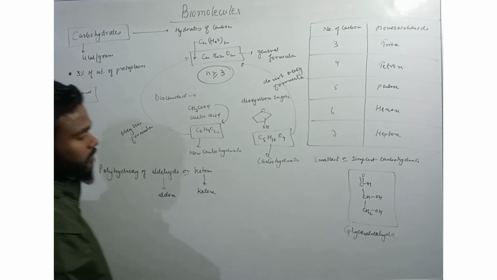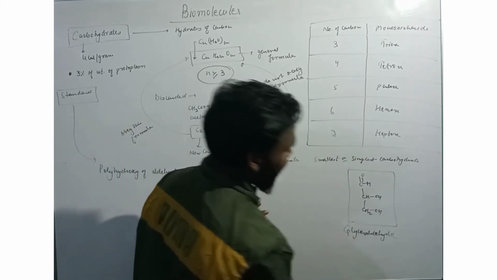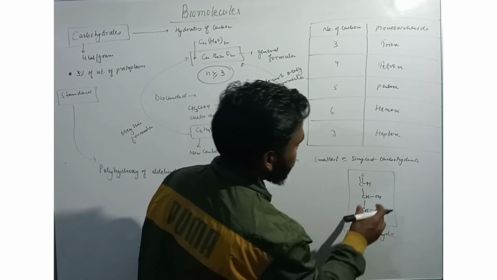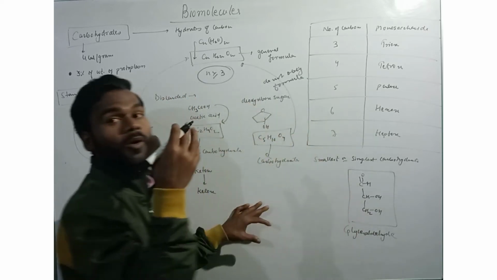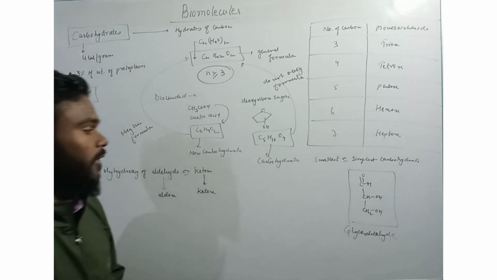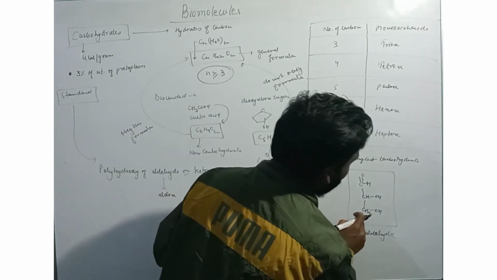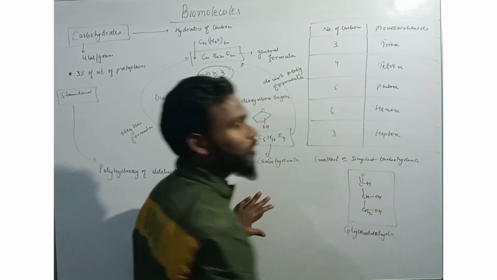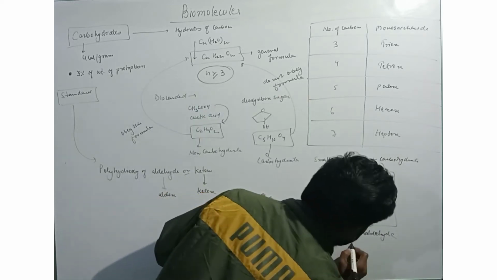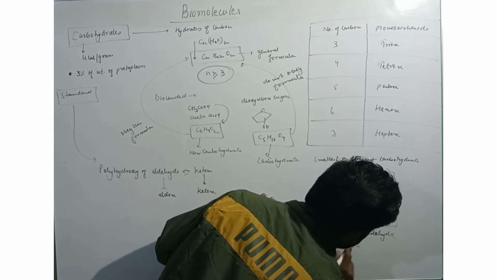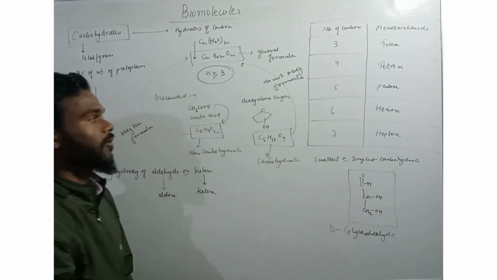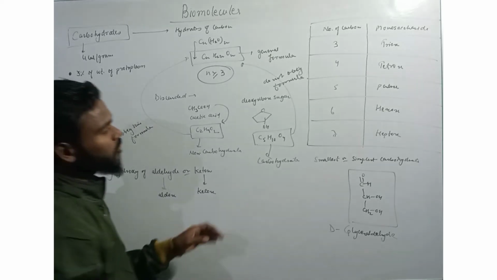This glyceraldehyde is the reference molecule to which all the carbohydrates are compared. At the last carbon, if the hydroxyl group is present on the right hand side, this is called the D form of glyceraldehyde. Now let's proceed further.